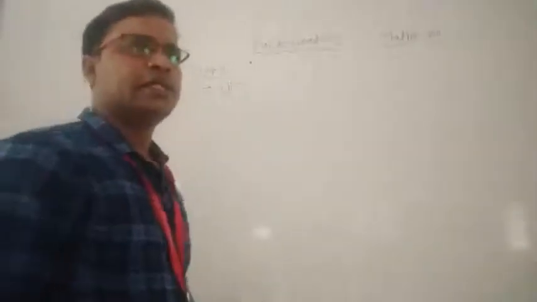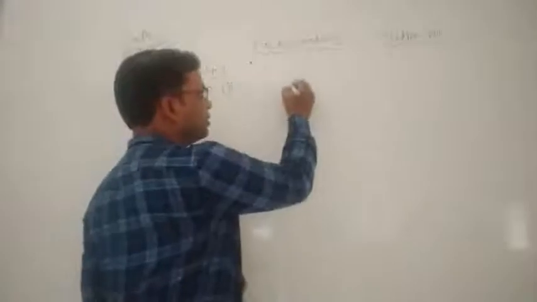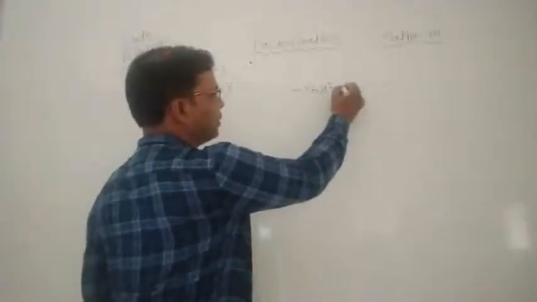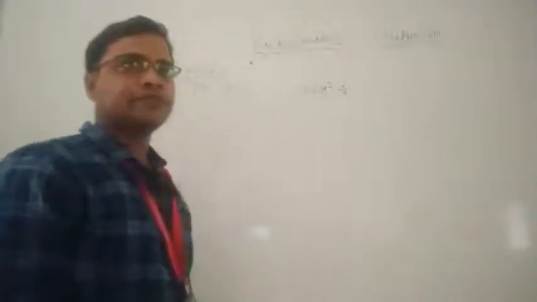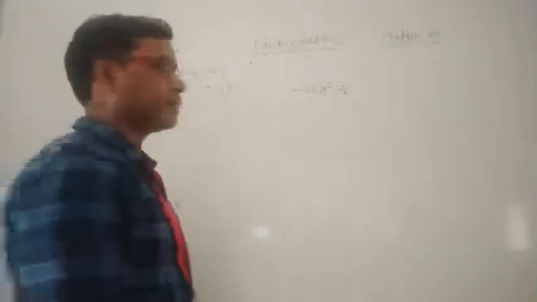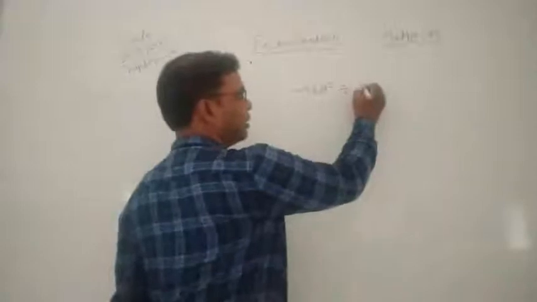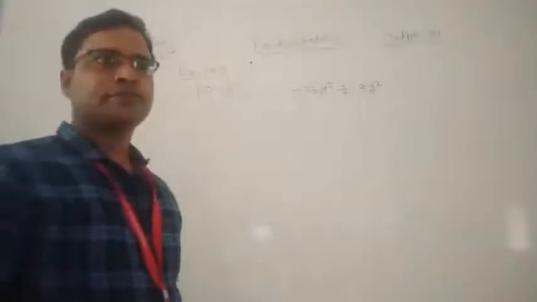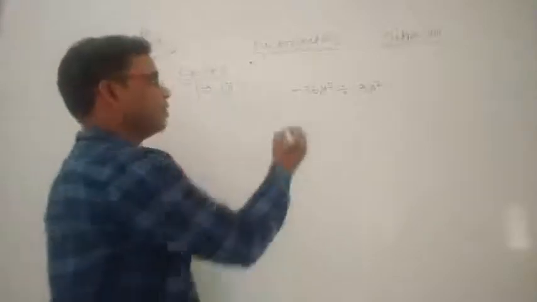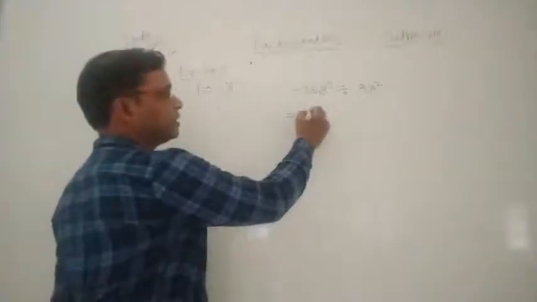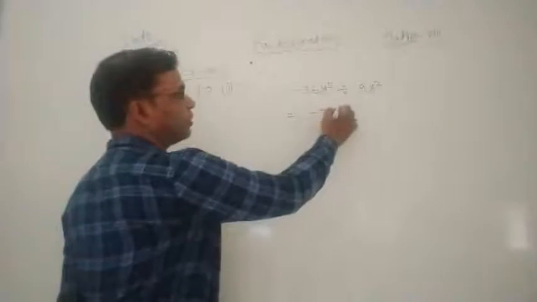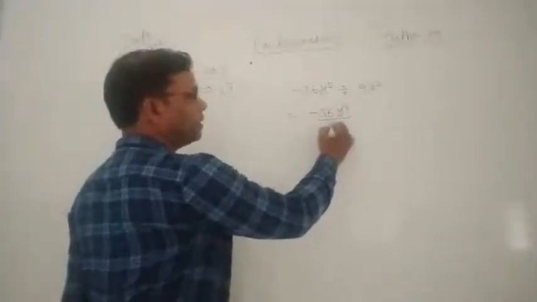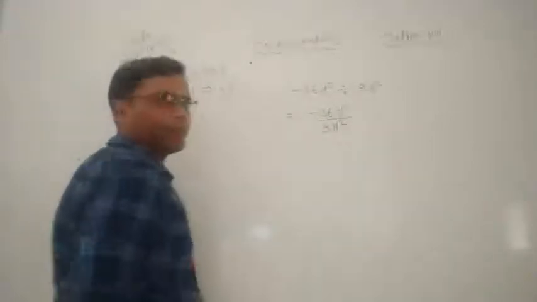The second part of question number 1 is minus 36 y power 3 divided by 9 y square. This is clear? So in this question, first you can write it like this: minus 36 y to the power 3 divided by 9 y square.